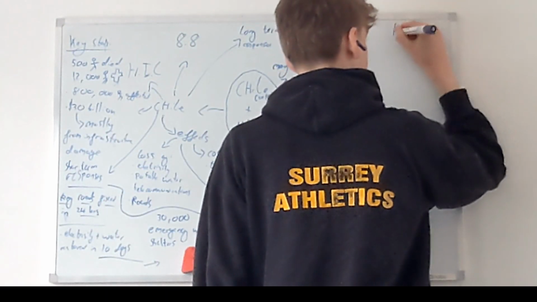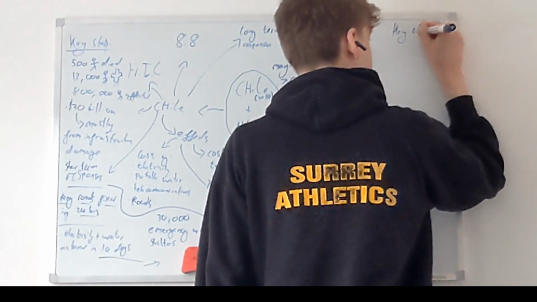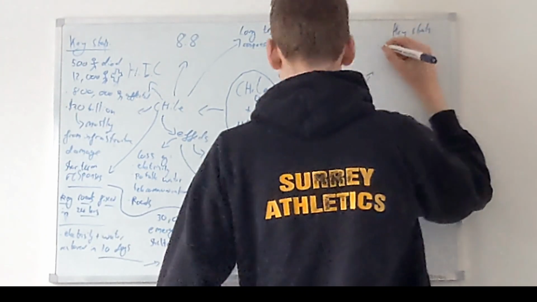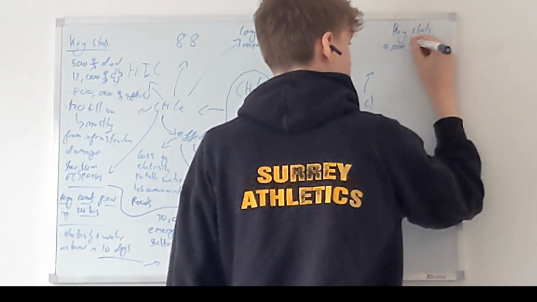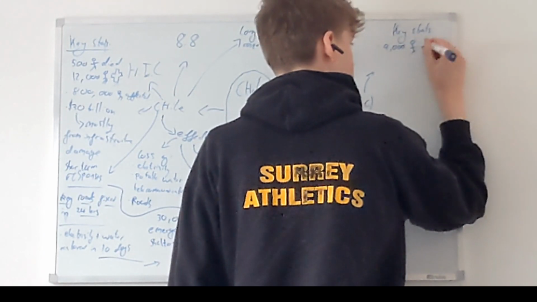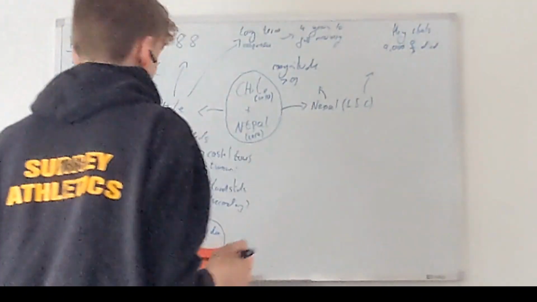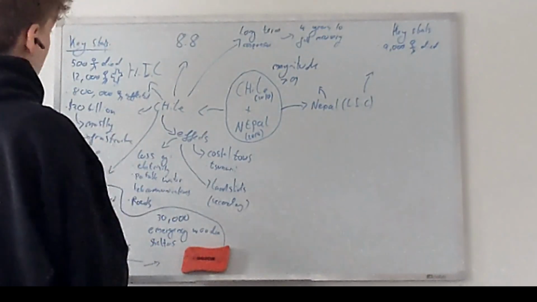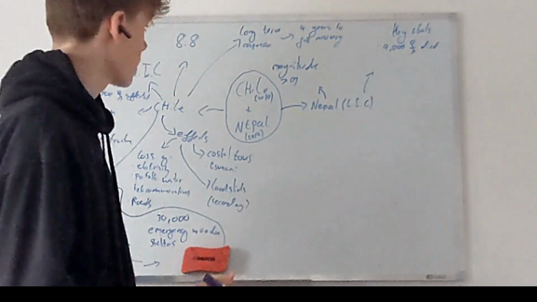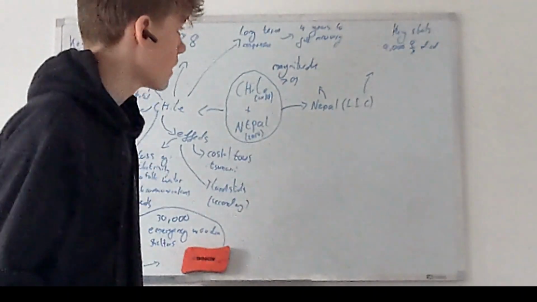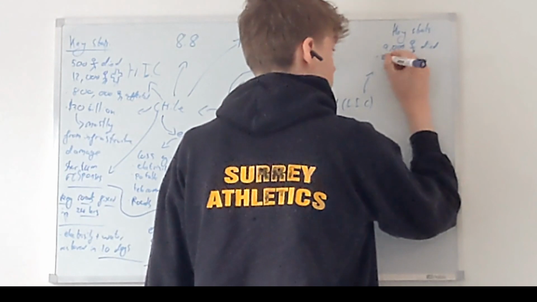Some key stats that it's worth noting is 9,000 people died. So people died, obviously, well over 10 times more than were killed in the Chile earthquake. 20,000 people injured.